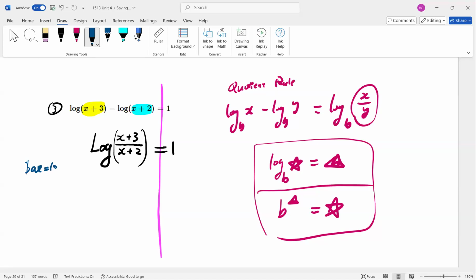It doesn't show because the default is 10. Argument is x plus 3 over x plus 2. Log is 1. Let's convert: base 10 to the power of the log equals the argument.